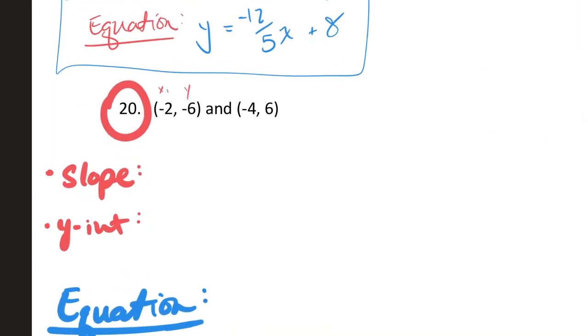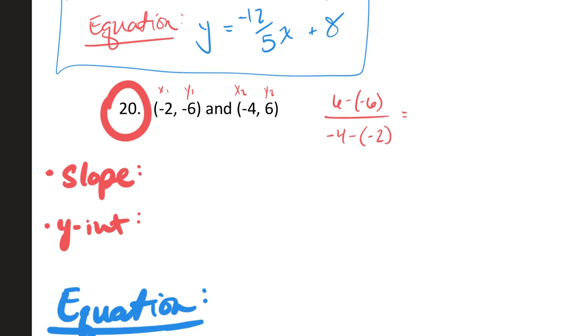So I'm going to label x1, y1, x2, y2. Remember, anytime I say find the slope, this is probably what we're going to do. So I'm not going to write the formula on here. I'm hoping that we maybe don't have it memorized, but that we kind of know it. So y2 is 6 minus y1 is negative 6, over x2 is negative 4 minus x1 is negative 2.